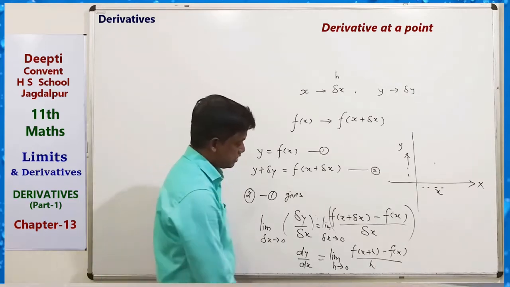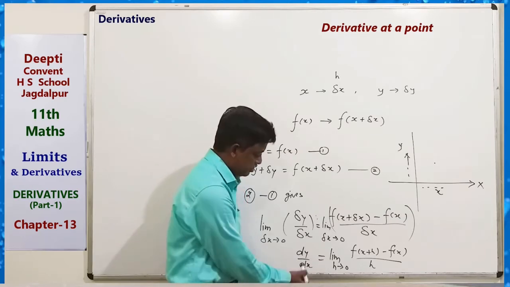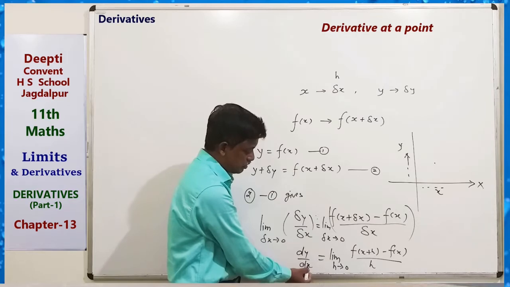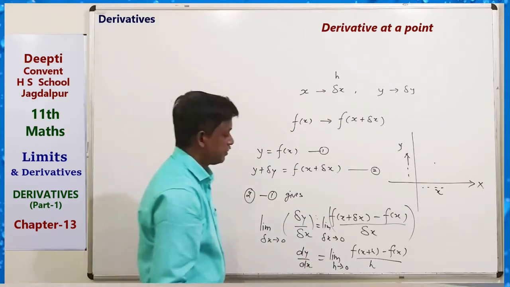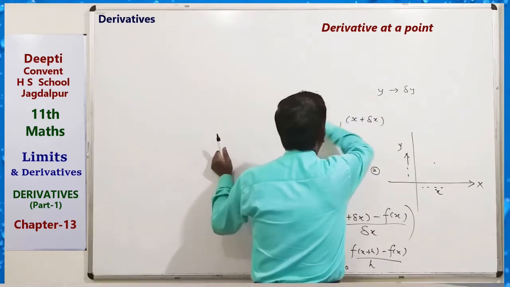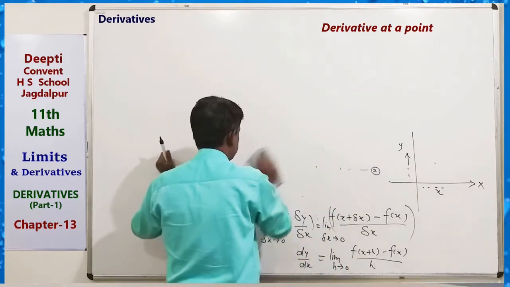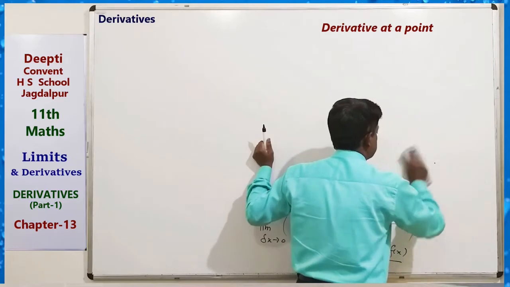So this is the derivative of y with respect to x, that is, of the function. Here, for a particular point, we can define the derivative. We can understand this much better with the following discussion.